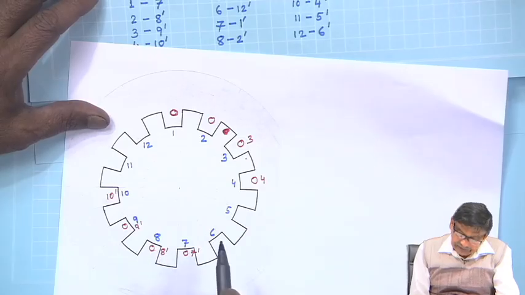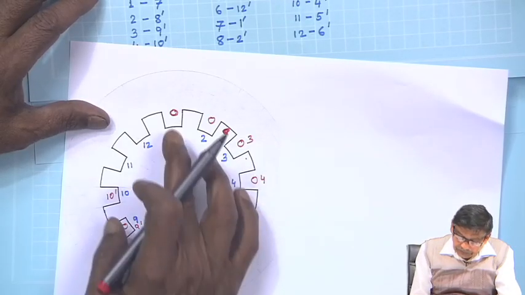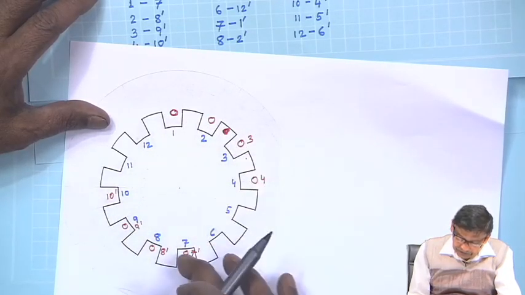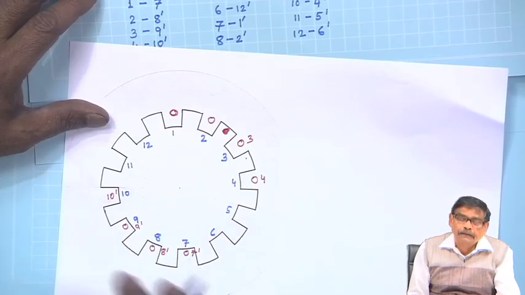So, this is 8 dashed, and you see all the 4 coils for R phase have been done.